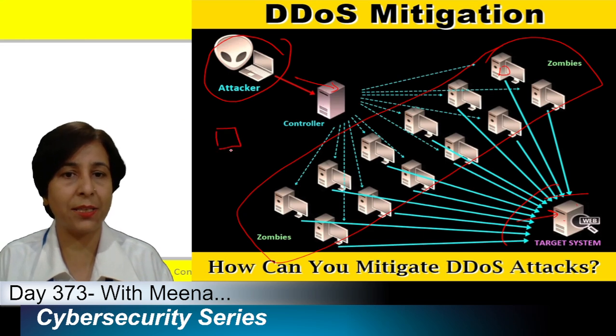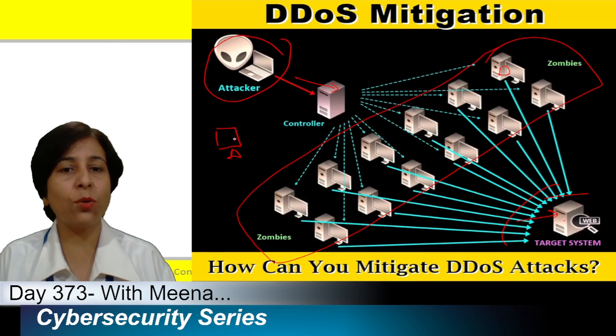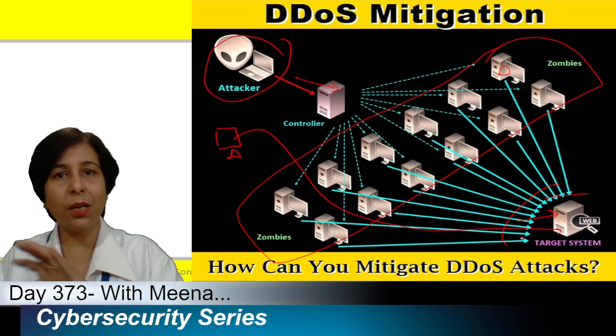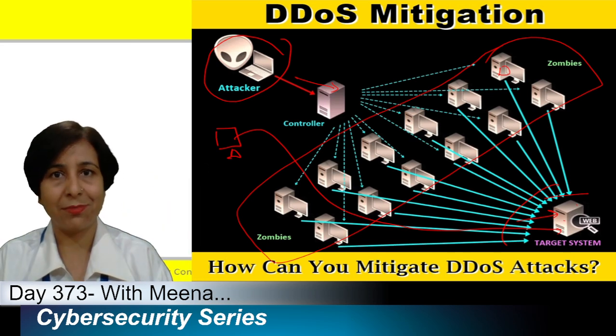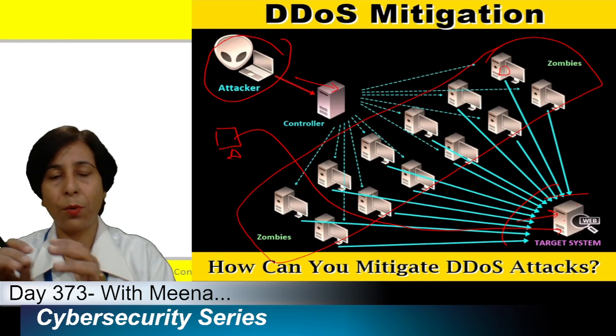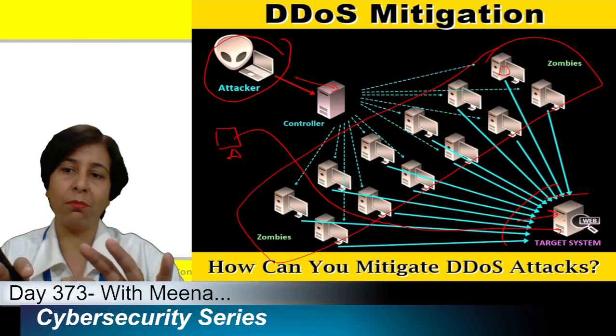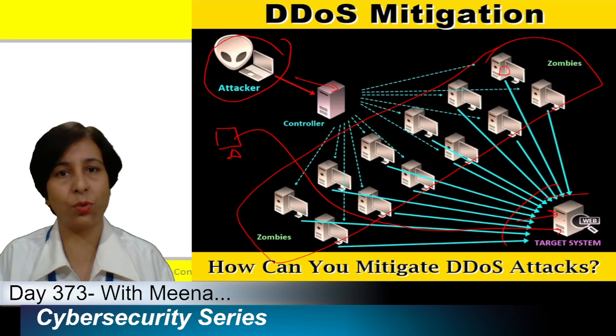For example, here is a legitimate user who wants to access it, but the server is totally busy entertaining useless requests, so it's not getting the proper resources to reply to legitimate users.